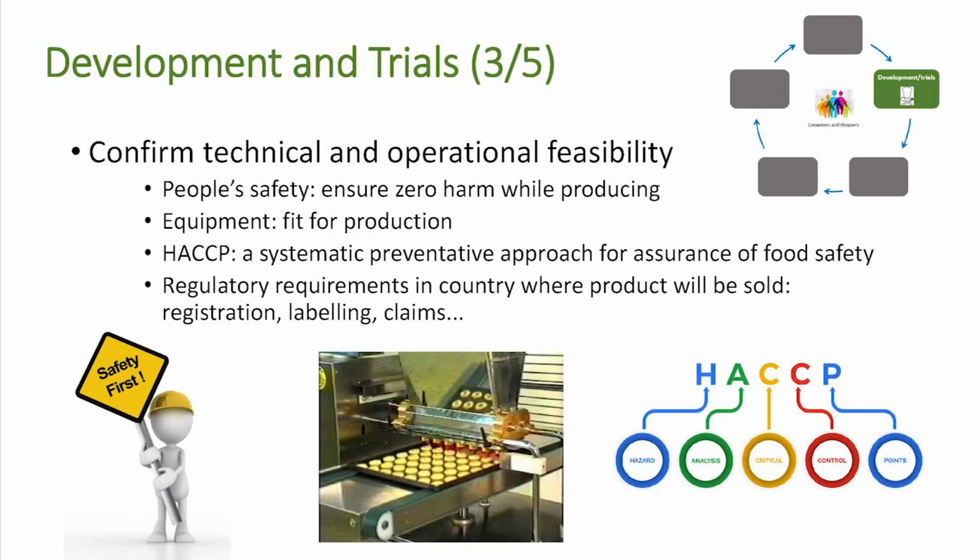Let's assume you have food production, you want to make your biscuits. HACCP is the tool that will make sure that whenever someone eats your biscuits, the person will not be sick because the person eats your biscuits. Food safety, HACCP is the tool that will help you get 100% food safety.